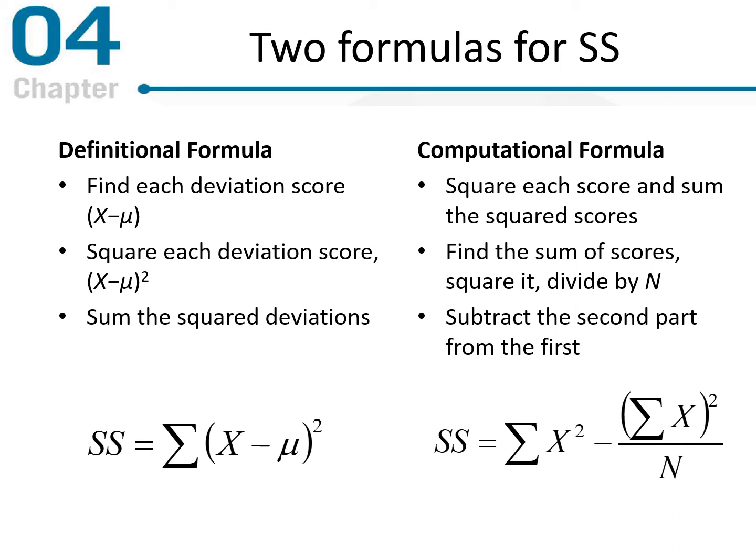So don't square each score first, square the sum. So sum up the column x first, square that sum, that total, and then divide that total by the total sample size, which is capital N. That's every score. So how many scores you have, that's going to be your N there. And when you do that, you're going to get the sum of squares for the computational method.